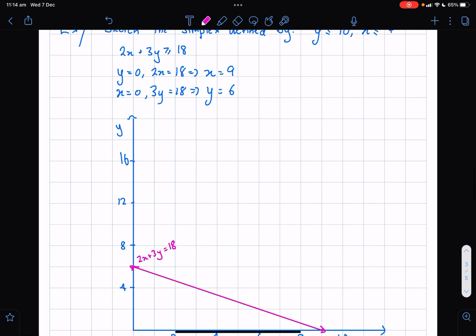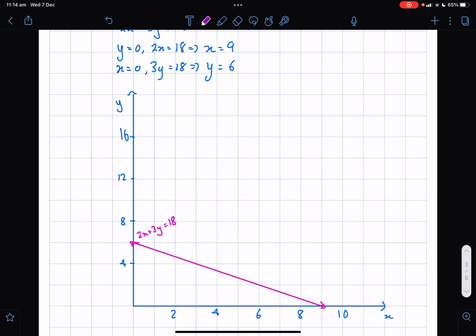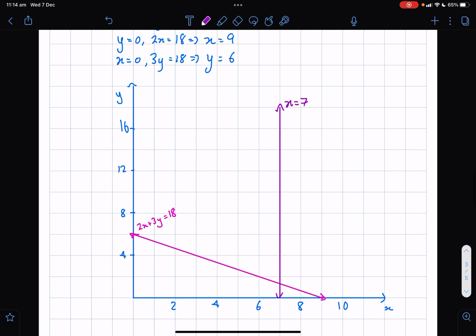So x has to be less than or equal to 7. So we need to graph our line of x equals 7. Nice and straight, I can do that. So x equals 7. So all of these points along here have x equals 7. And then y was less than or equal to 10. So we go to 10 and we graph our y equals 10 equation.